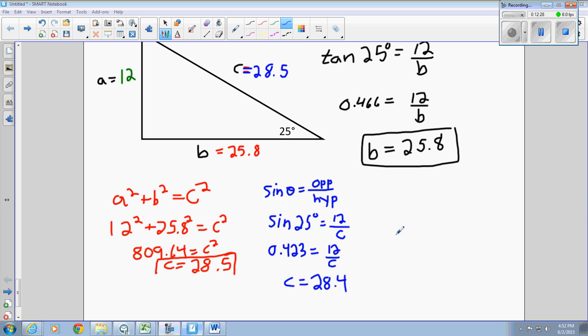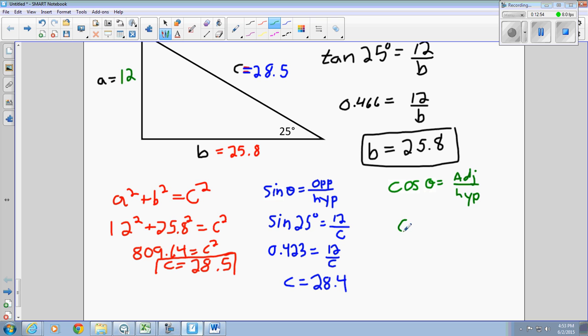And just as another exercise using the cosine function, we know that cosine of theta is equal to adjacent over hypotenuse.